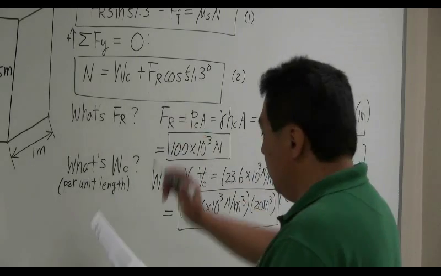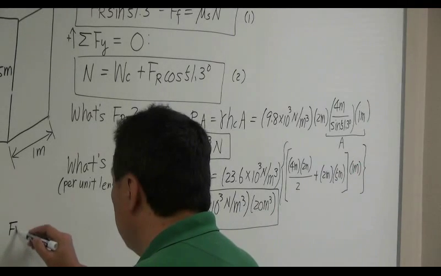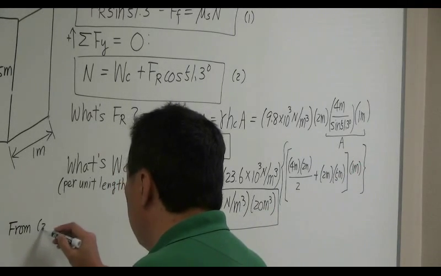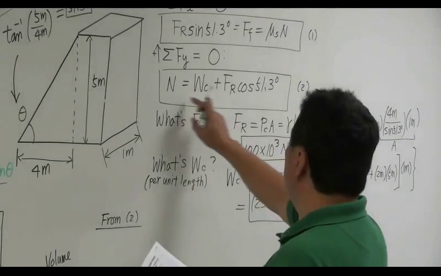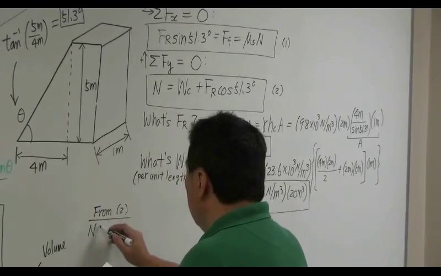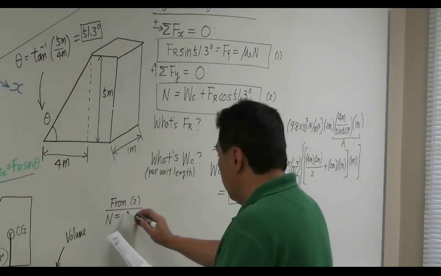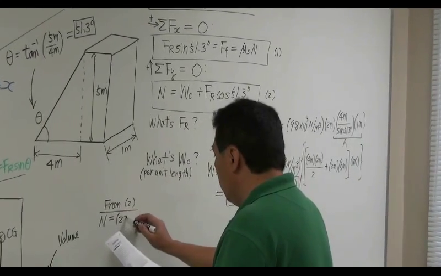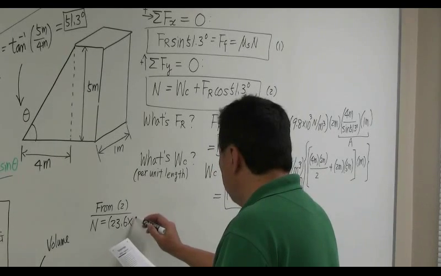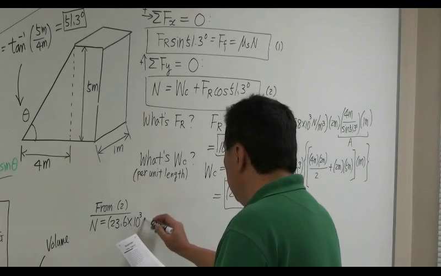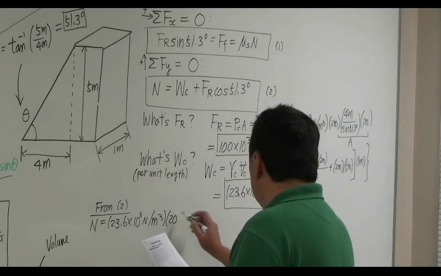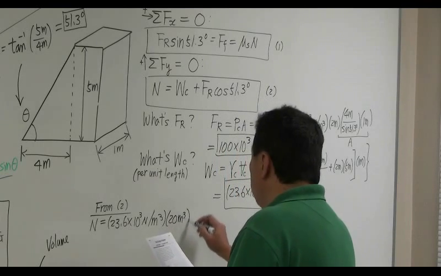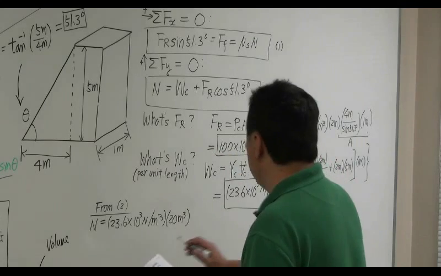So, let's take a look at equation 2. From equation 2, you can solve this one for N. N is equal to weight of the concrete, which is 23.6 times 10 to the 3 Newton per meter cube times 20 meter cube. That's weight of the concrete.